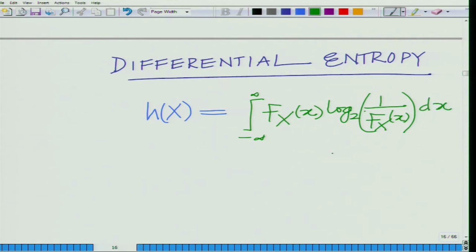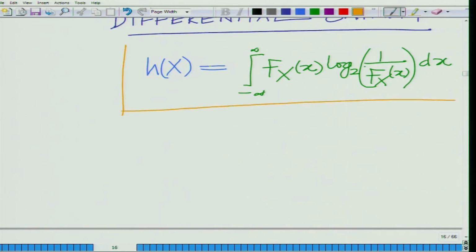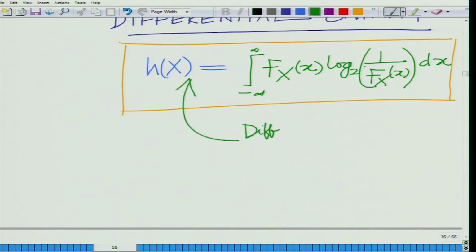This is termed the differential entropy, and remember this is the definition of differential entropy for a source with output PDF f x of x.